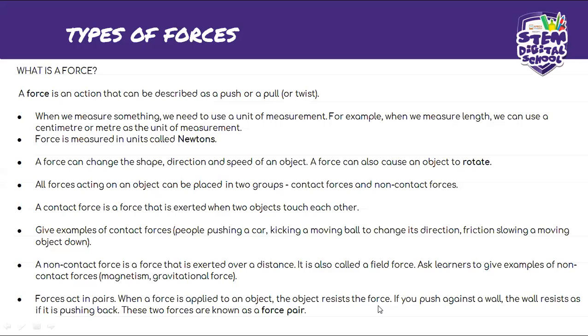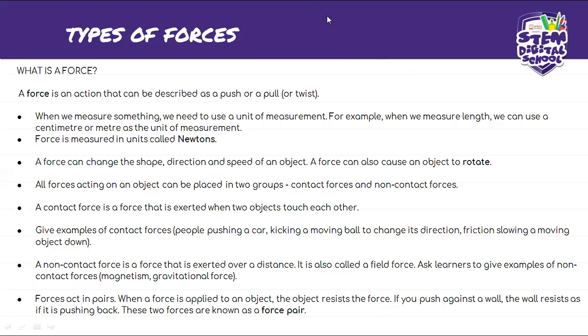So the force of you on the wall, and the force of the wall on you, are the two pairs of forces. Do you understand my explanation now? If you don't understand, just let me know so that I can explain more.